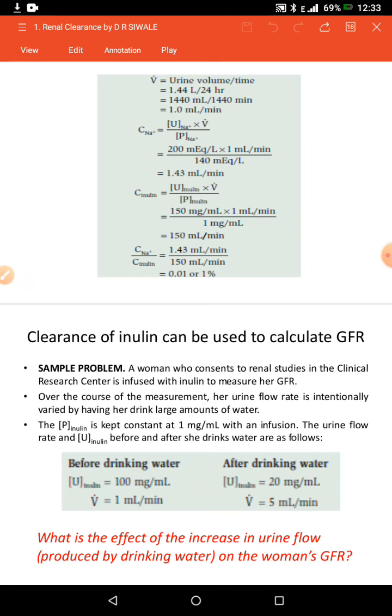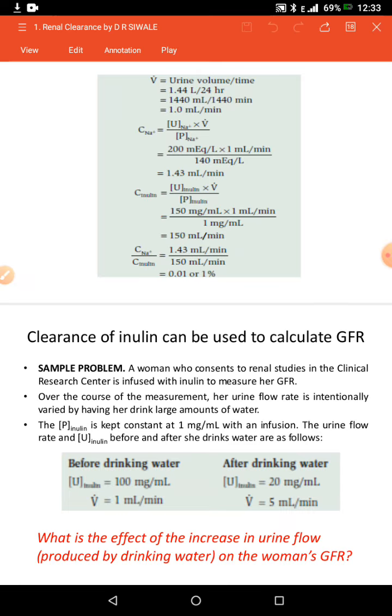Over the course of the measurement, her urine flow rate is intentionally varied by having her drink large amounts of water. The plasma concentration of inulin is kept constant at 1 milligram per ml with an infusion. However, the urine flow rate and inulin concentration in urine before and after she drinks water are as follows.